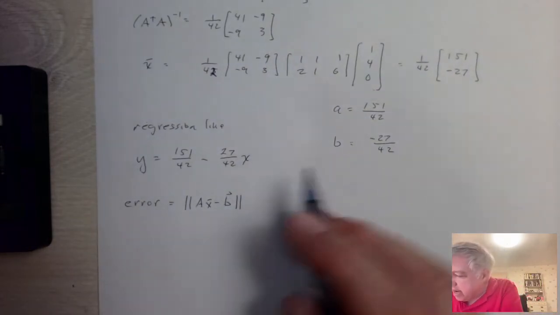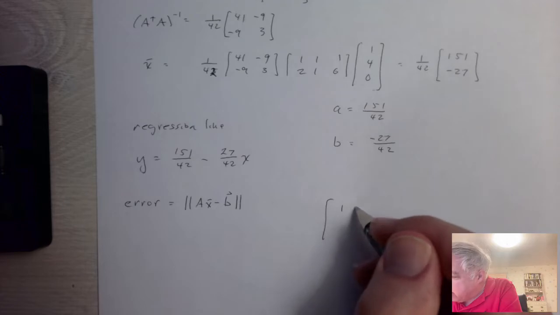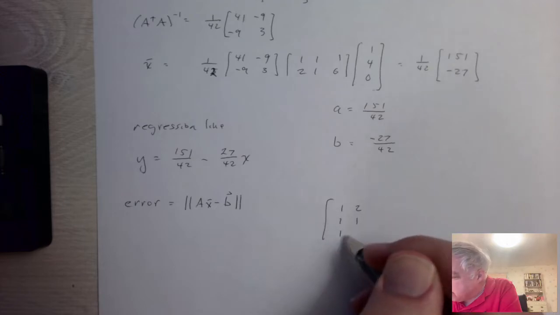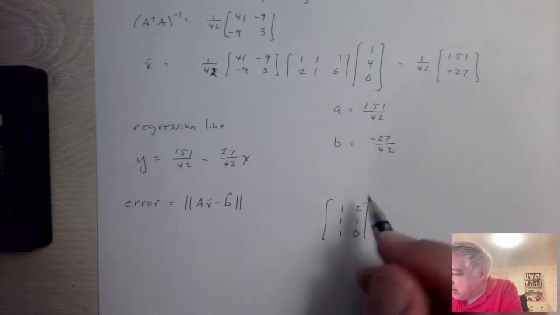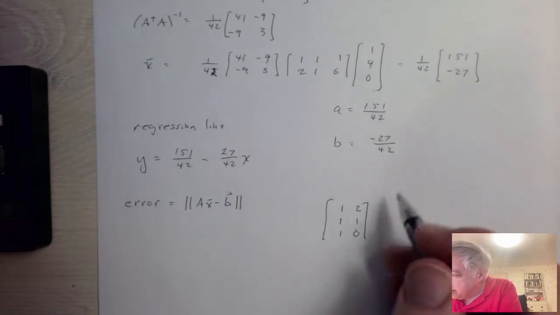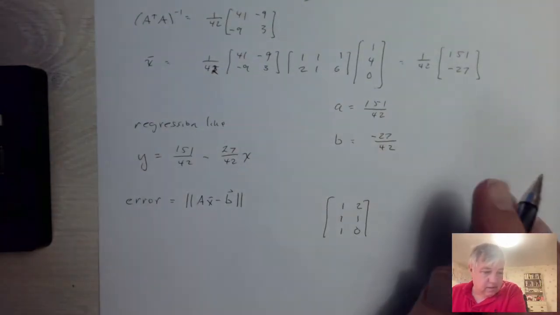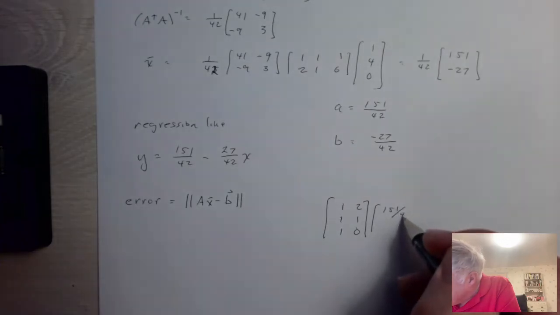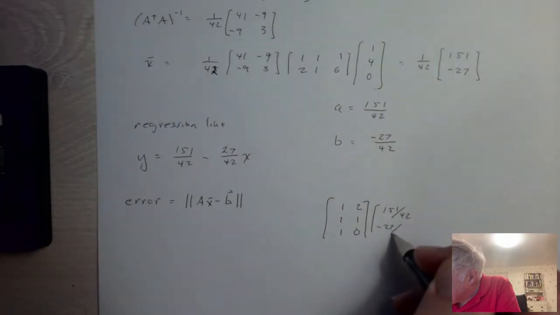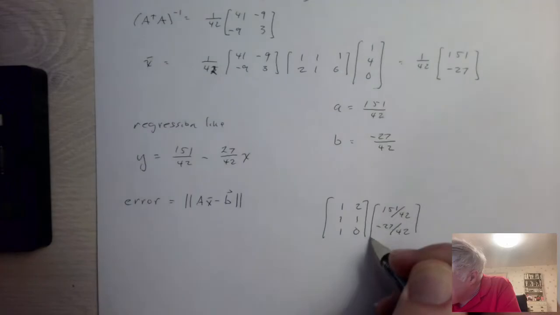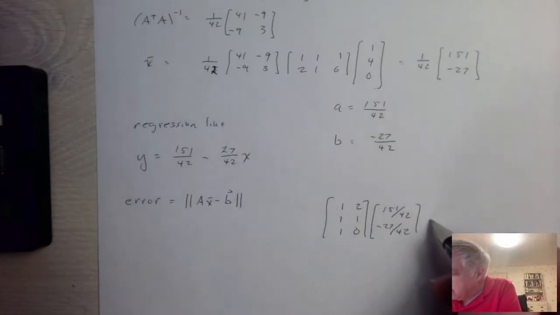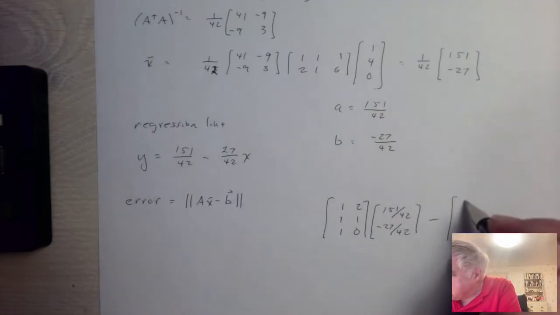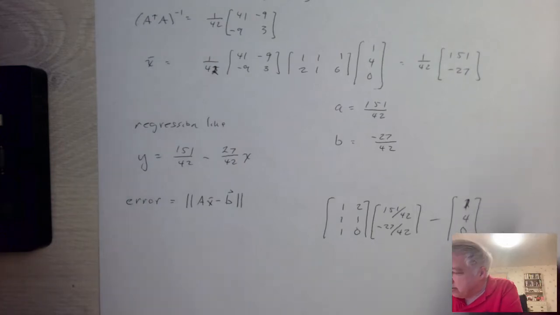What we do is A is still [1, 2; 1, 1; 1, 6]. That's A. x bar is this, 151 over 42, negative 27 over 42, and then we want to subtract b, which is (1, 4, 0). Okay.